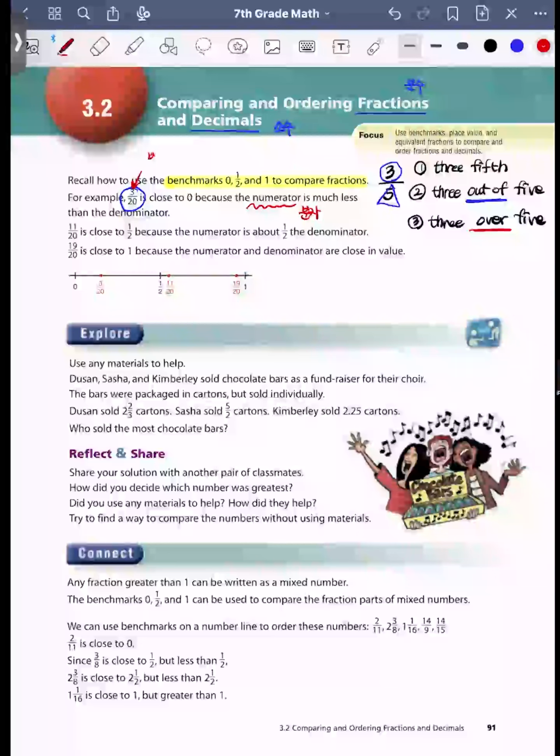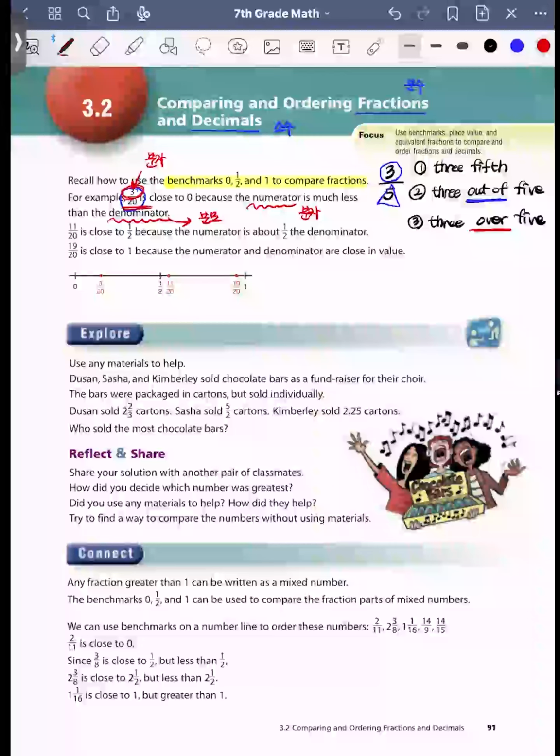So the numerator is much less than the denominator. What's denominator? Denominator was 분모. Good job. So if you look at the fraction 3/20, since the numerator is much smaller than the denominator, 분자가 분모보다 매우 작기 때문에 it's closer to 0 than 1, right?